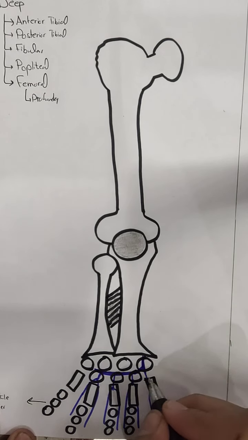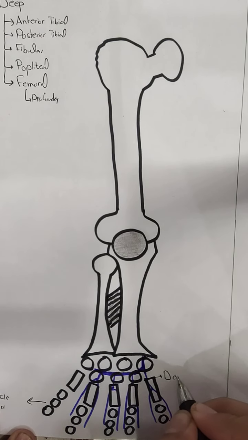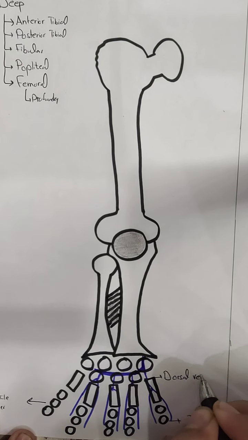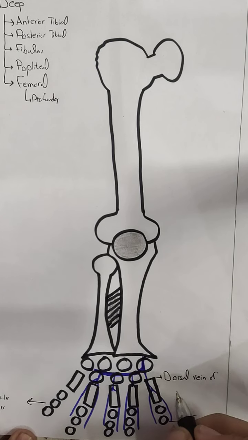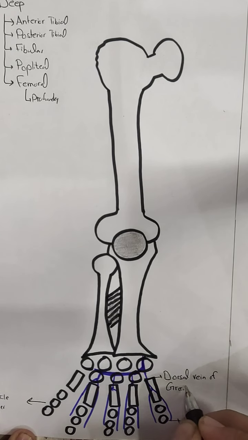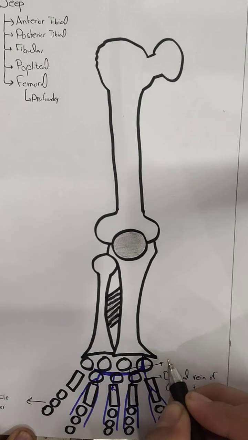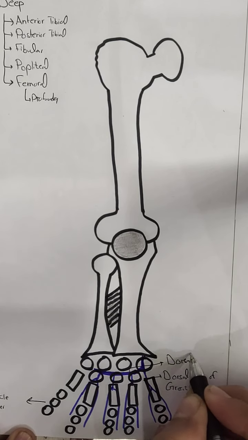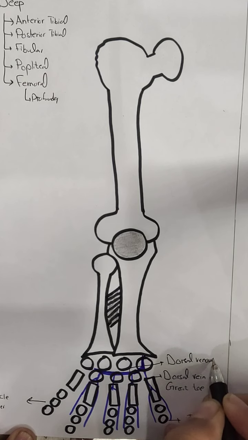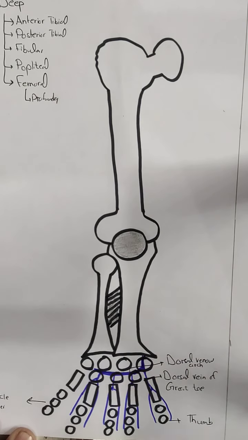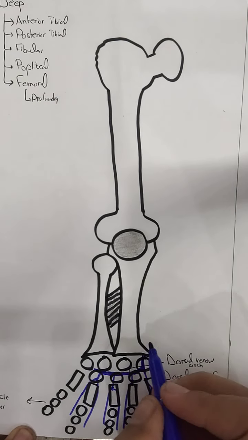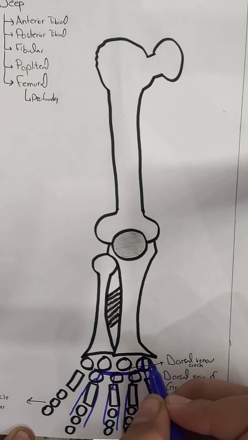First of all, label here: this is the dorsal vein of the great toe, and this was the dorsal venous arch. They both combine to form this great saphenous vein.